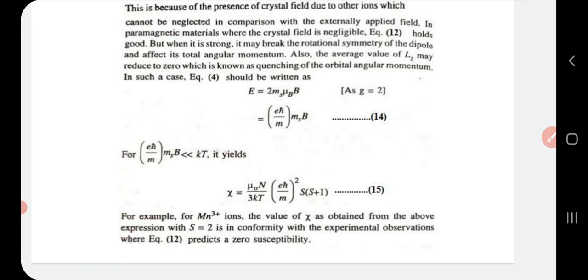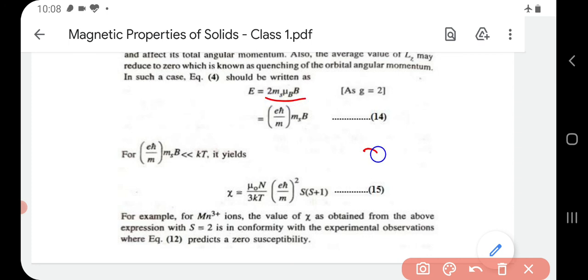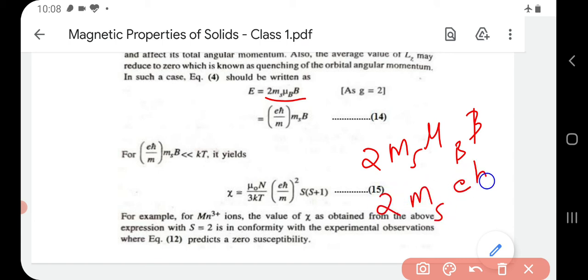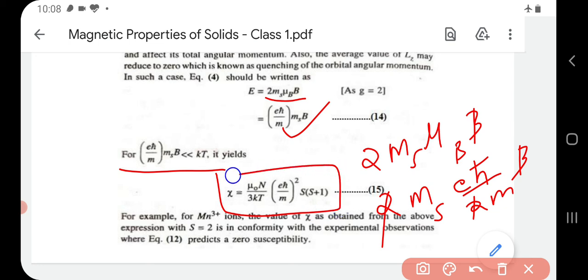Now m_s B is mu_B e h cut by 2m. That is here 2 m_s mu_B B. 2 m_s mu_B means e h cut by 2m, the 2 gets cancelled, so it will be m_s e h cut by m B. Now for this condition, if it is very much small compared to Boltzmann constant times temperature kT, then your expression for chi will become like this.